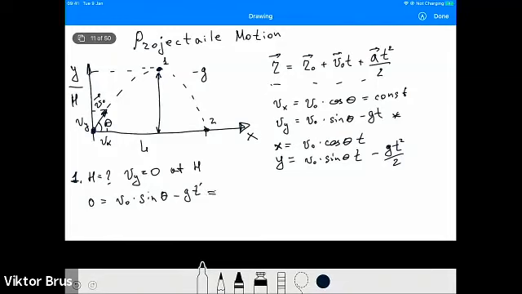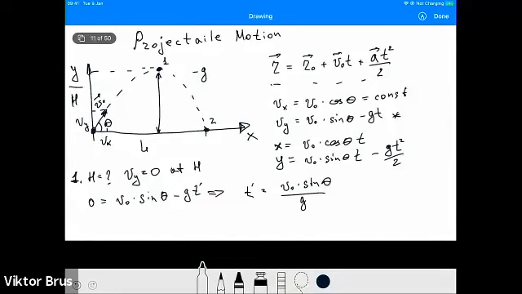So from here we can define at which time this body will reach the highest point, and this will be t prime equal to v naught multiplied by sine theta divided by g.